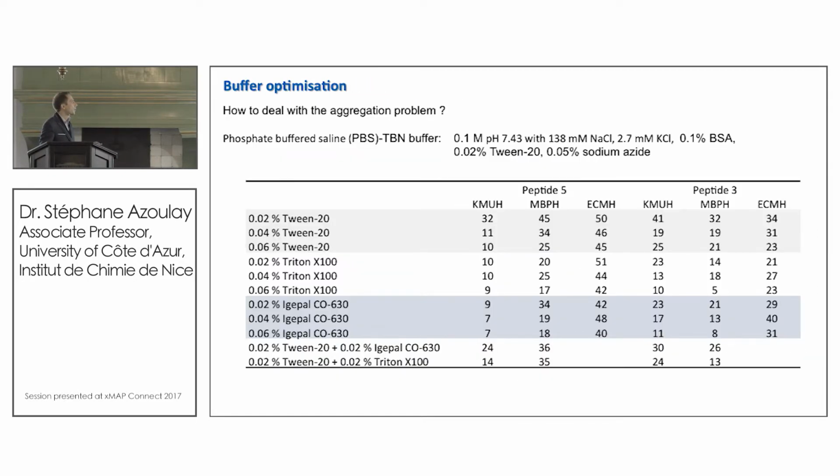However, since the beginning, we have had an aggregation problem with the bead. We didn't look at it a lot because we could still get signal and responses, but it was a little bit problematic. And we decided at this point to try to optimize the buffer to minimize the aggregation problem.